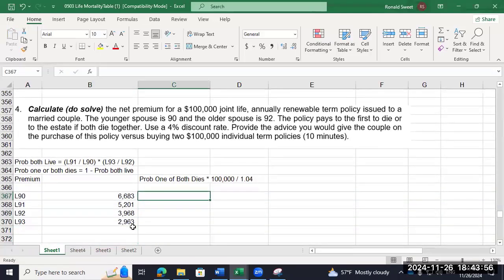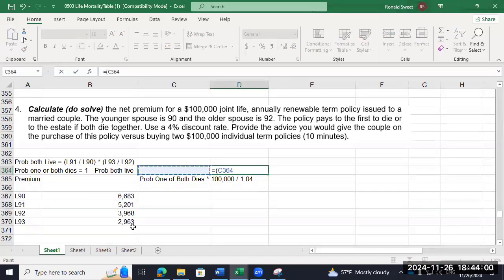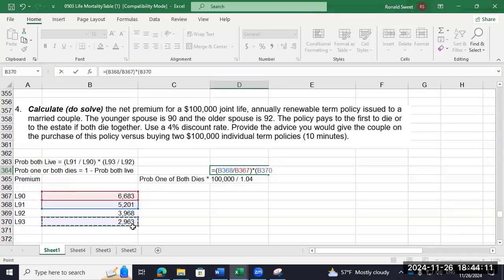So the probability both live is going to equal L91, make sure you're doing the right order. You want the higher year over the earlier year. 91 over 90 times 93 divided by 92.